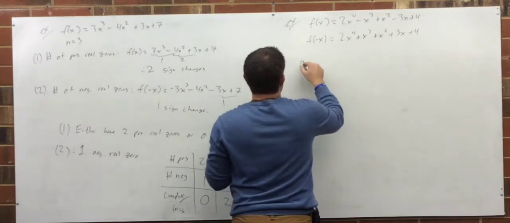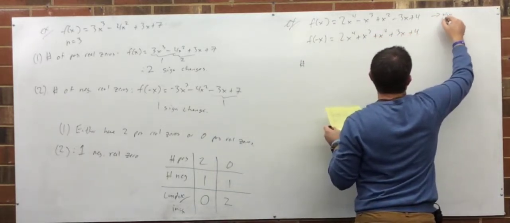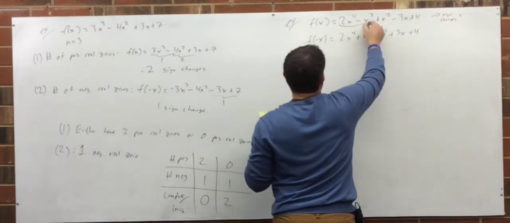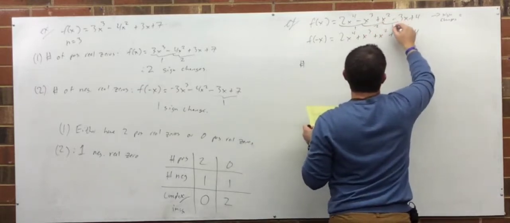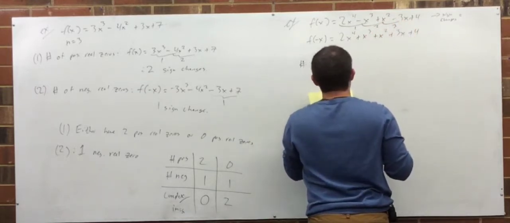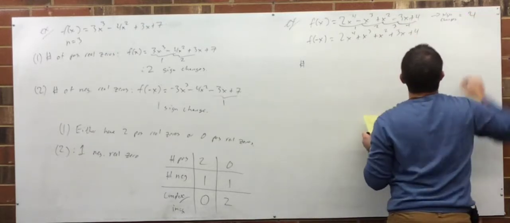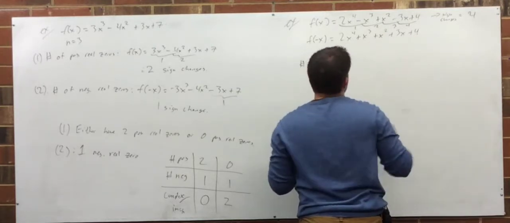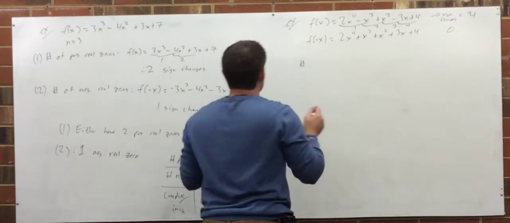So, what's the number of sign changes in f of x? Well, we have positive to negative, that's 1. Negative to positive, that's 2. Positive to negative, that's 3. Actually, we have 4, because we go negative to positive there. So there's 4 sign changes in f of x. But how many sign changes do we have in f of negative x? Well, it's 0. Okay?